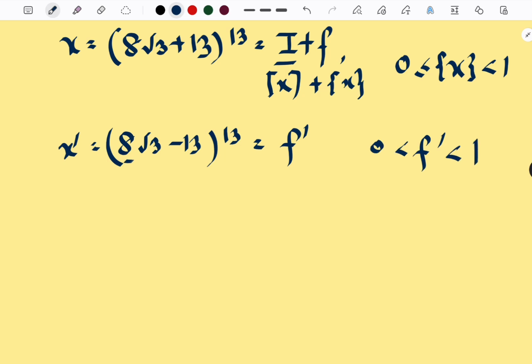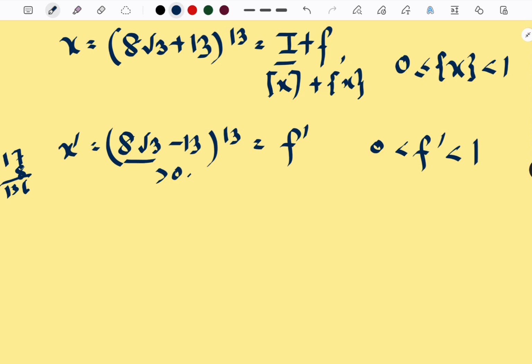Why so? √3 is 1.7, so 8 into 1.7 is approximately 13.6, so it will be greater than 0, positive.